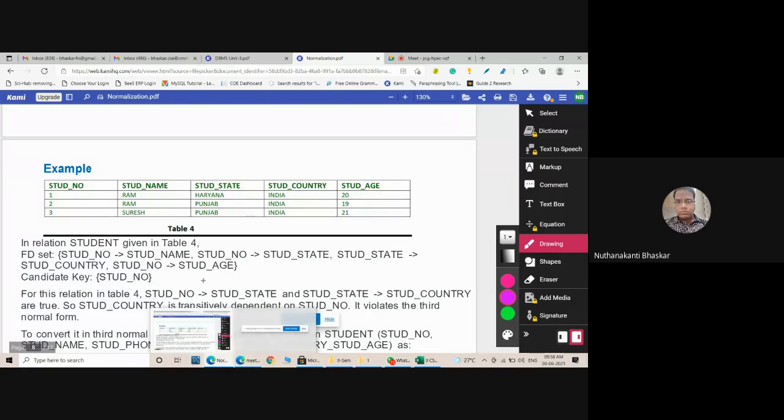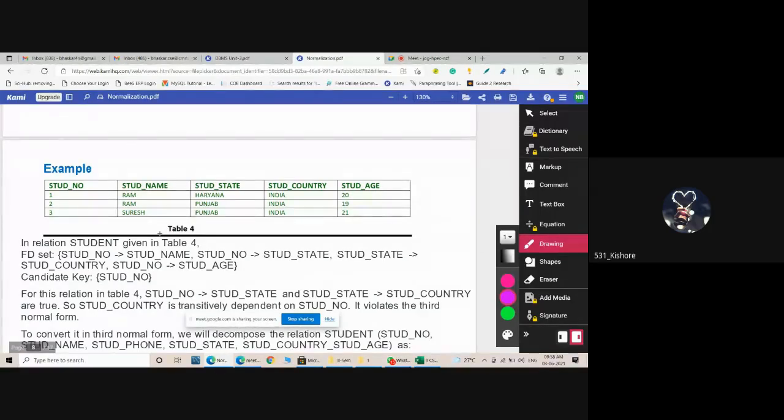Now tell me, is there any transitive functional dependency? Yes, sir. Tell me, what is that? Student name, student age, and student state are depending on student number.